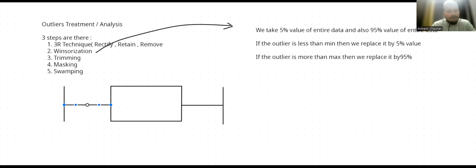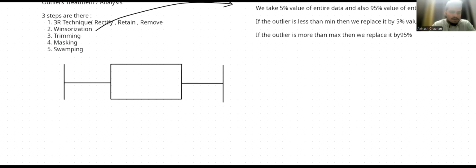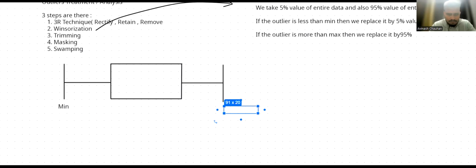If you recall, this is the minimum threshold. This is the maximum threshold, the maximum value. This is the minimum. This is the maximum. This is Q1.